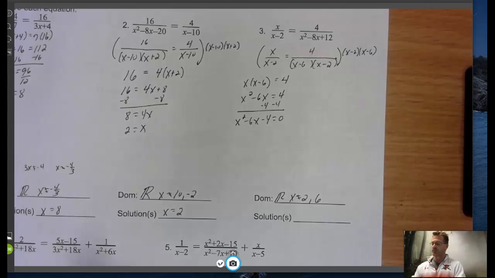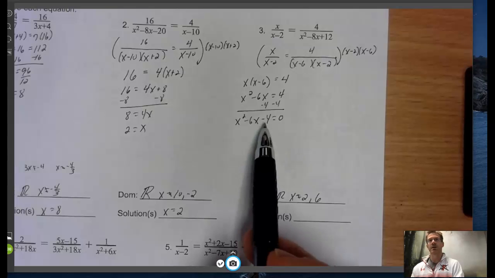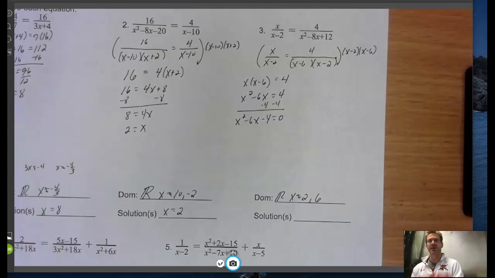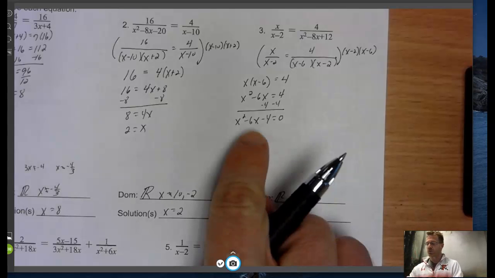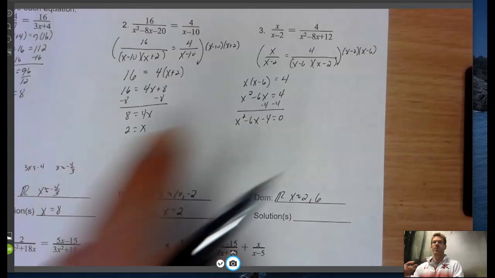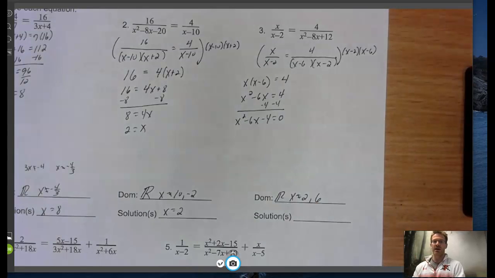In this case, I would need the factors of negative 4 that add to be negative 6. Well, there are no factors of negative 4 that add to be negative 6, because it's either 3 times negative 1, which would be 2, or negative 3 times 1, which would be negative 2. So there's no possibility of factoring to get to this combination, which means we now have to use the quadratic formula.